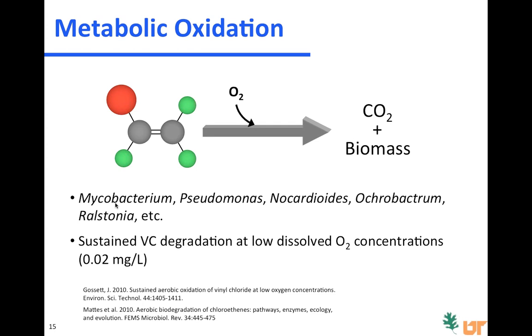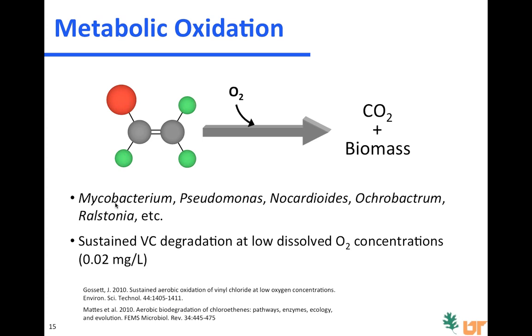And Jim Gossett had a paper in 2010 where he very nicely demonstrated that all of these organisms possess high affinity monooxygenases, high affinity to oxygen. What it means, they can operate at oxygen concentrations of about 0.02 milligram per liter. So they are very efficient using low concentrations of oxygen.